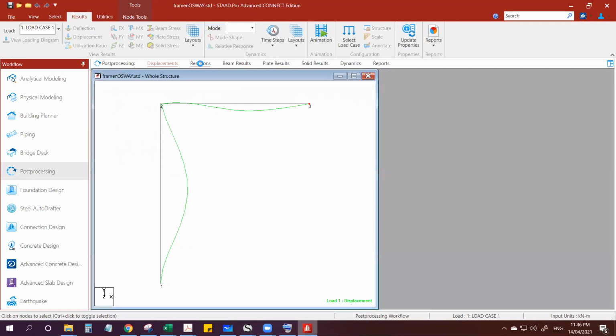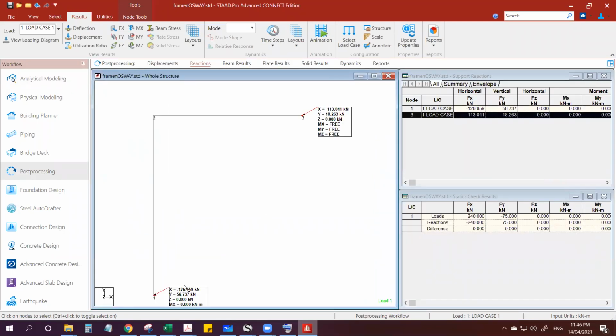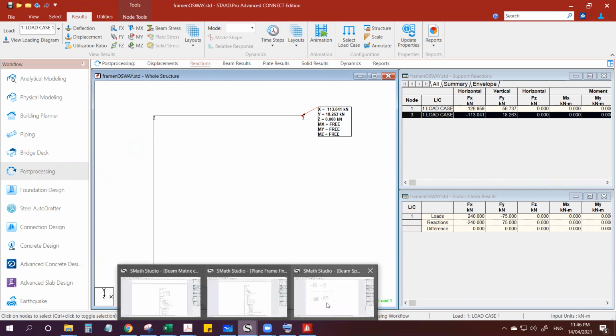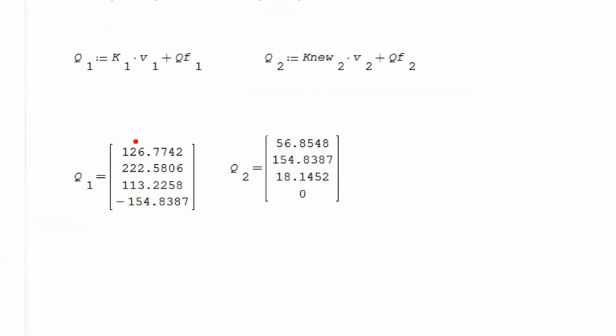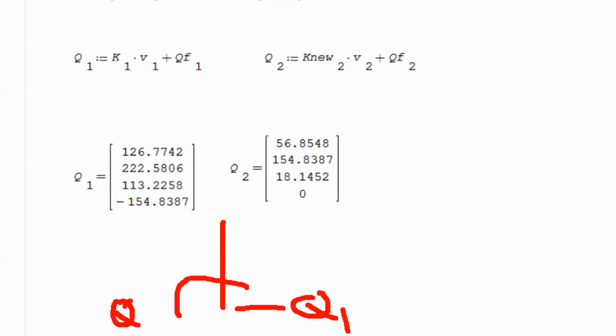Okay, so let's check the reactions. Yeah, so 126 horizontal reaction and 18 kilonewton vertical reaction, which is the same here. Okay, so remember, Q1 is all four sets for the column. Q1, this is Q2. Sorry.